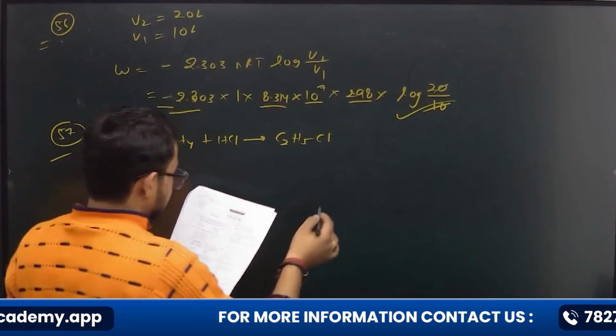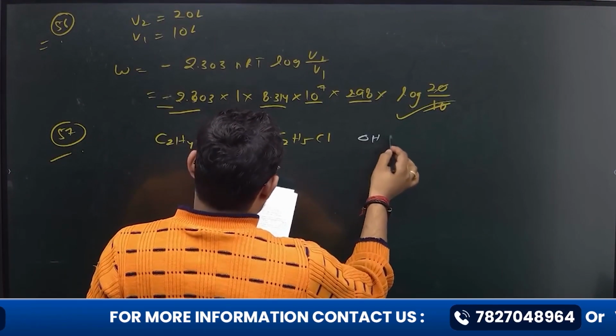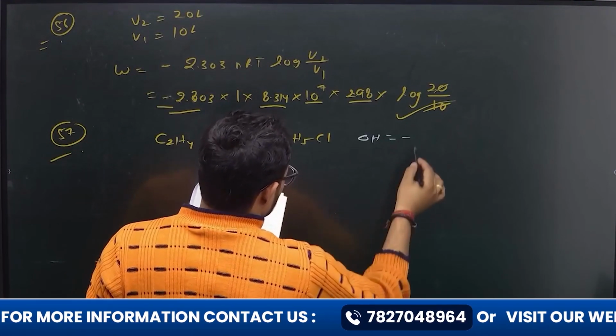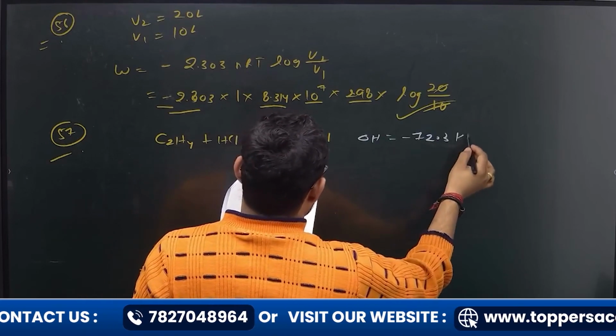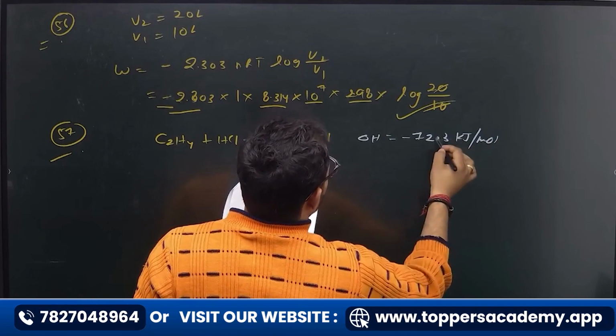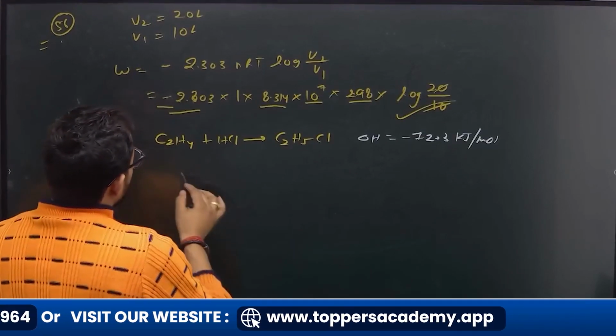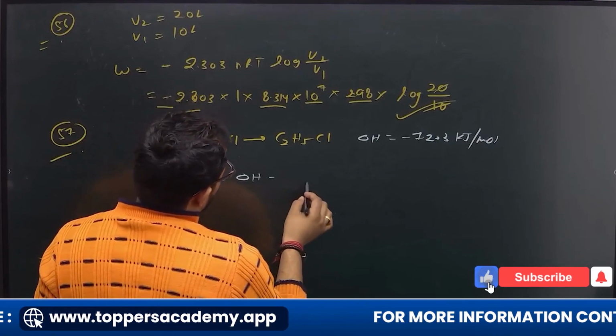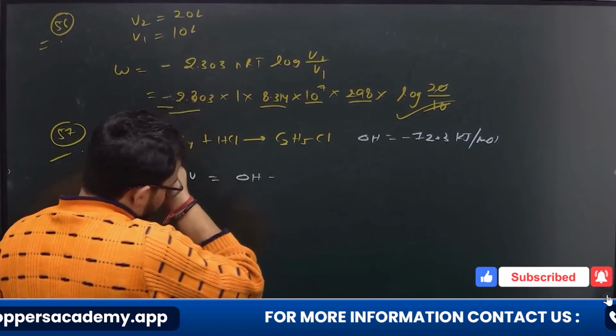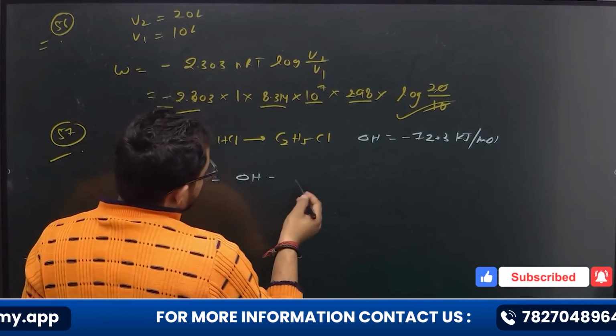So delta H is given to you as minus 72.3 kilojoule per mole, right? So delta U or delta E is equal to delta H minus delta Ng RT.